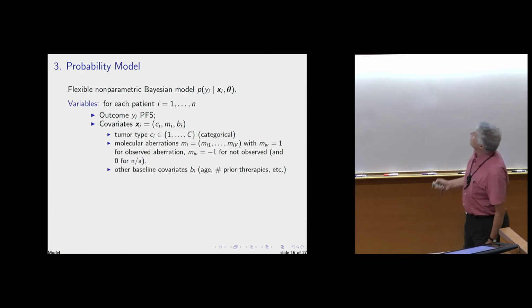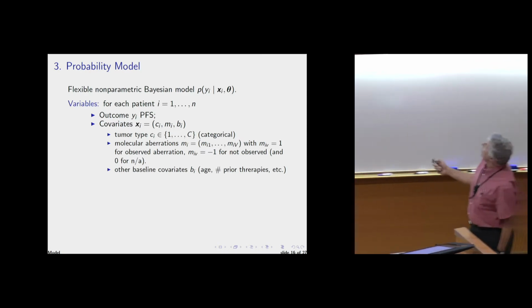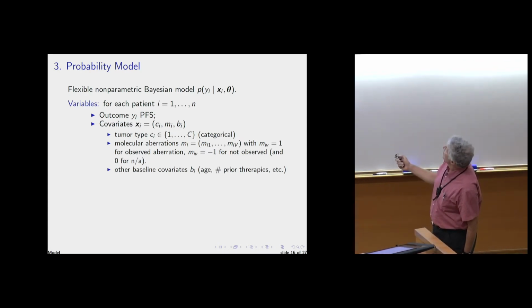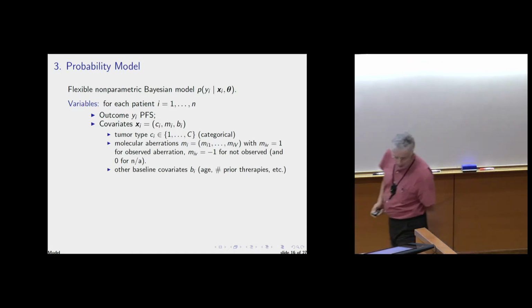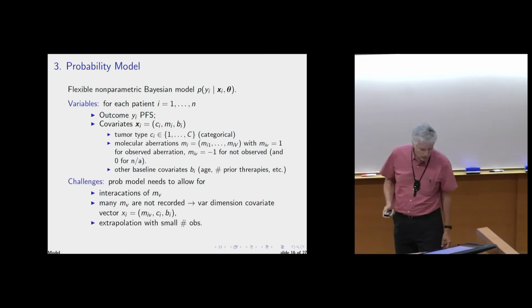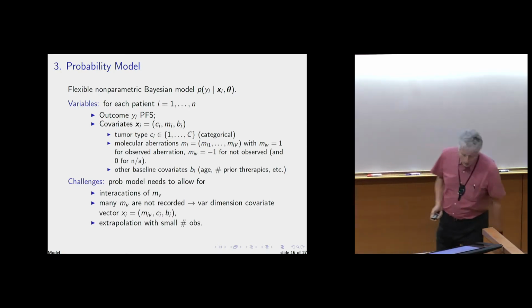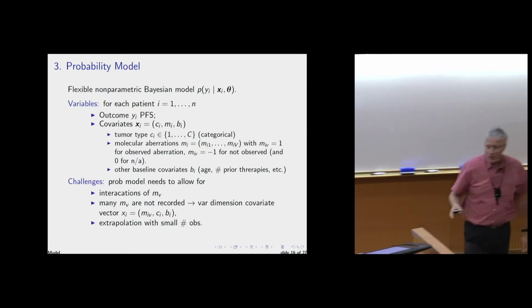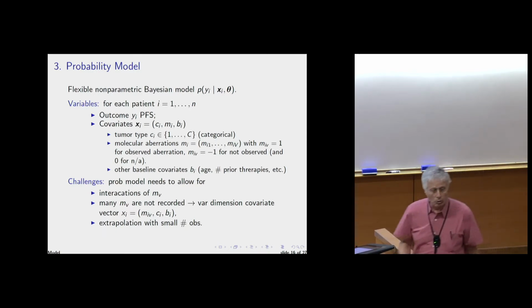Here you see now an explicit statement of the full covariate vector: the disease type, the mutations, and there might be additional baseline covariates like age, etc. There's one big advantage of that clustering business that I just talked you through.